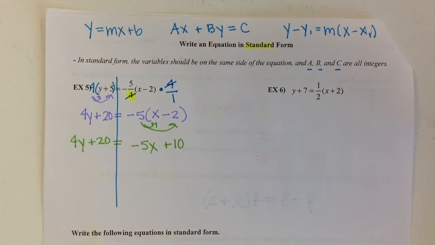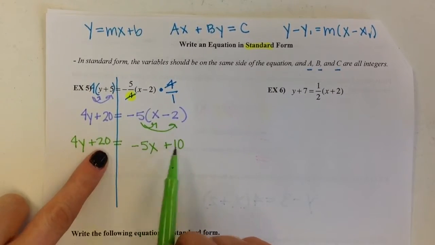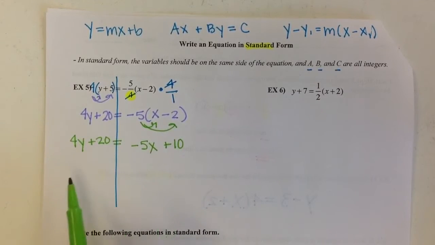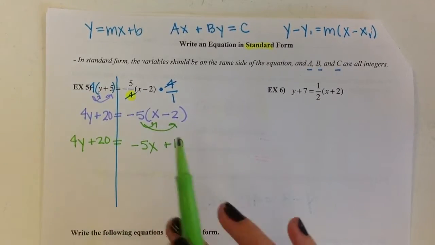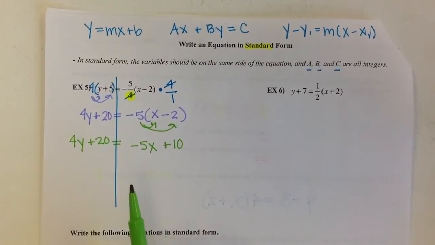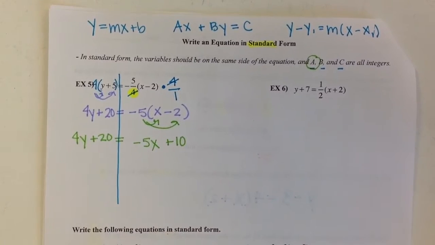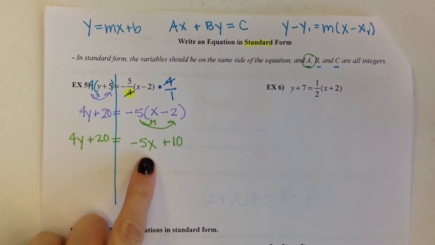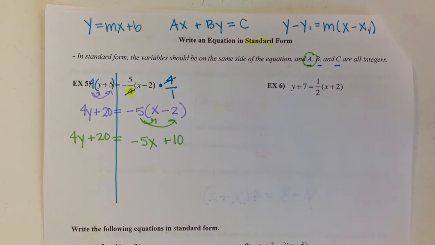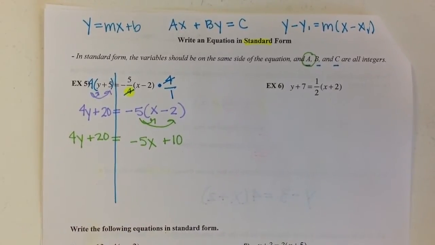Now the biggest thing that we need to remember is that our x and y should be on the same side and our constants should be on the same side. Technically, it doesn't really matter where we move our x's and y's and where we move the constants, but we know that the a value, which is with the x, has to be positive. Right now I have a negative value. So I'm going to make it positive by choosing to move my x to the left side with the y.